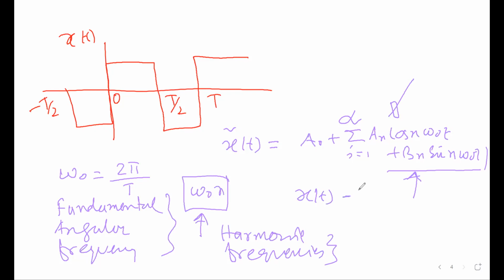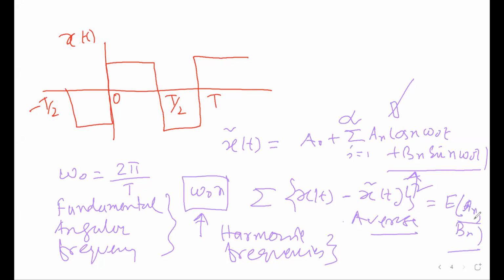Then you have to calculate the value of an and bn such that the discrepancy between your original x(t) minus x approximated (t), you make it a square and sum it and take the average value. That will give you an equation, that particular error function will be a function of an and bn only. Are not they? Like this square residue that we calculated. Then you have to take the derivative of E with respect to an, set it equal to 0.